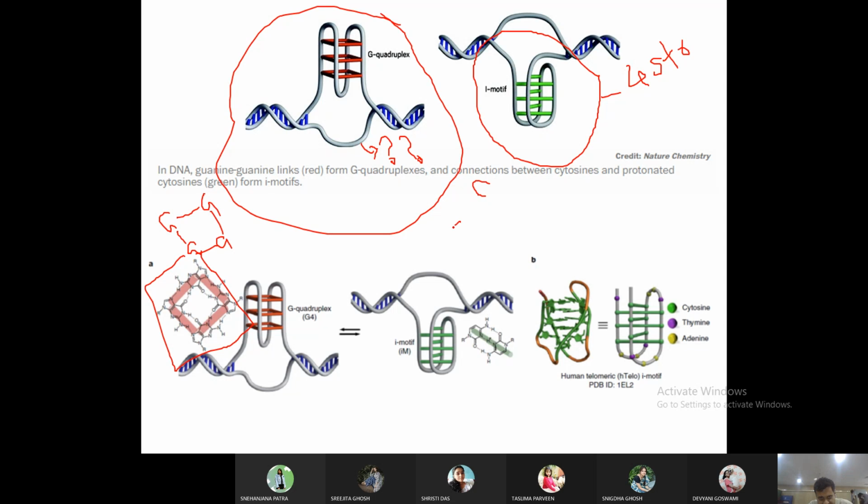So these are the 4 C's. Here they are forming criss-cross hydrogen bonds. I'm drawing the arrow purposefully to show the hydrogen bond donor and acceptor, and they are stabilizing it.